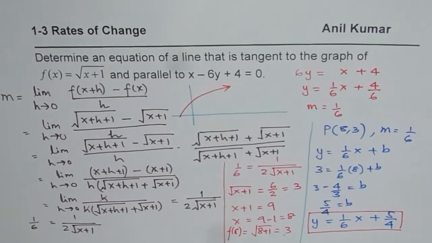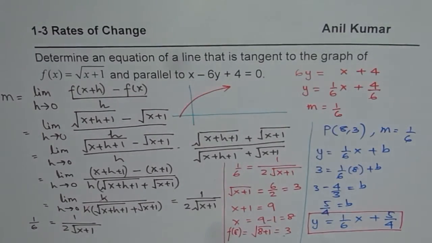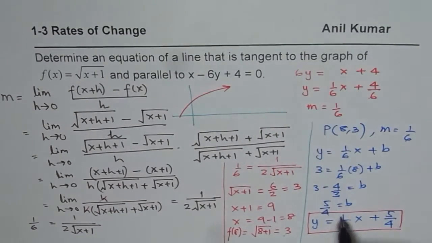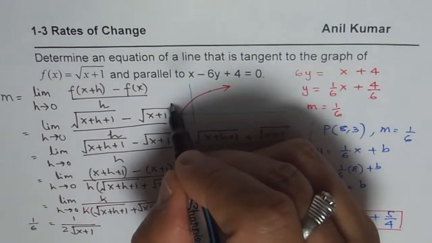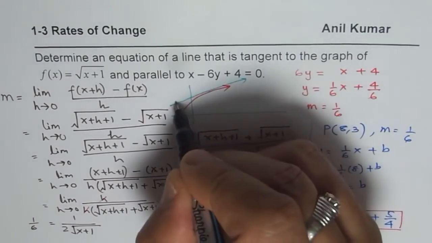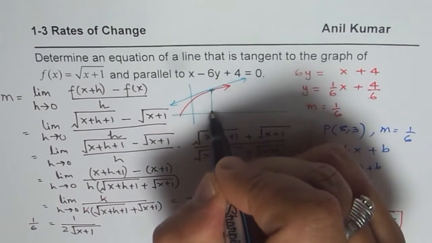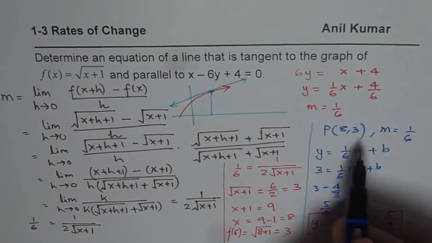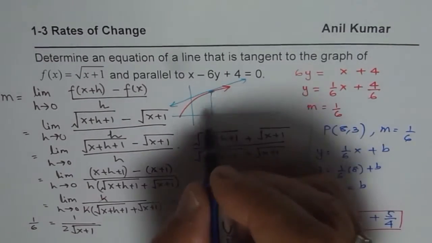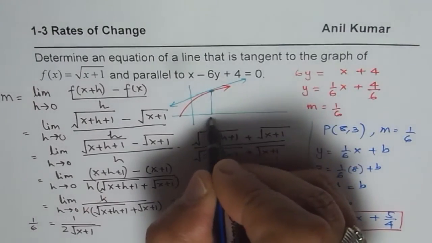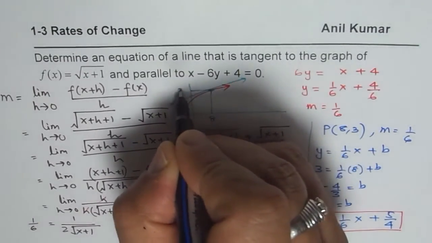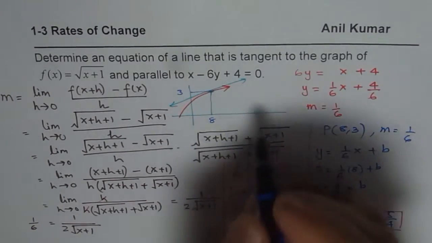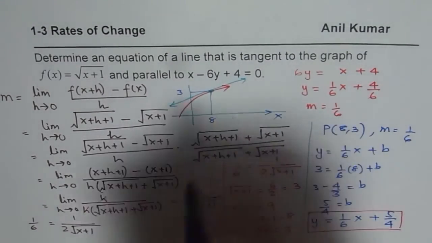The point for us is at x equals 8, and the slope is 1 over 6, so it's a line going like this. This point here is 8, 3: x value is 8 and y is 3. So that is the situation which represents the given equation.